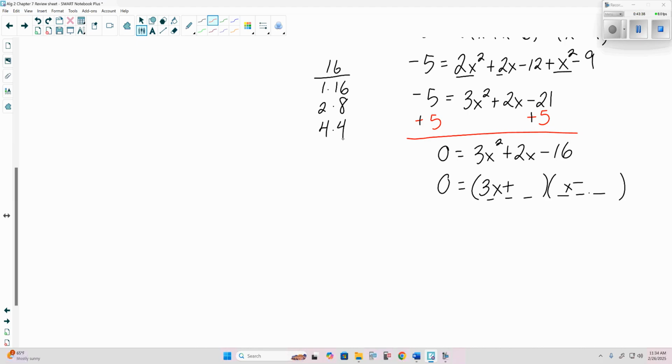Which one do we want to try first? Just pick one. 4 and 4. Because again, we can check and make sure. 3 times negative 4 would be negative 12x. 4 times x would be plus 4x, giving us negative 8x.